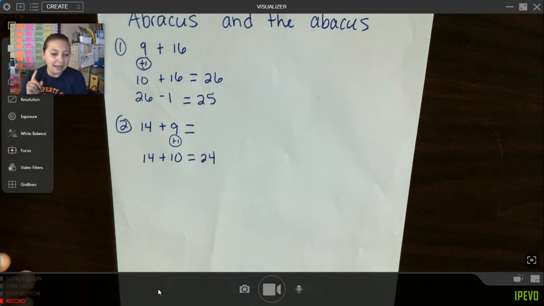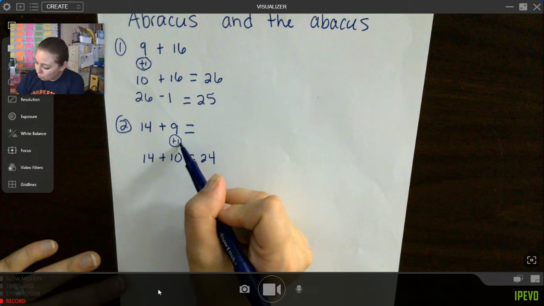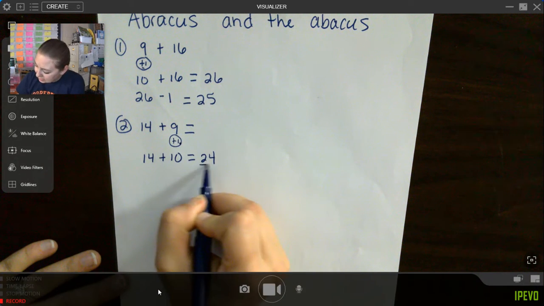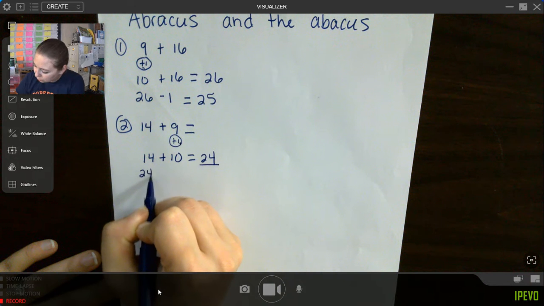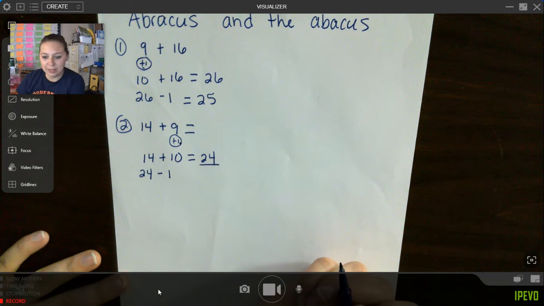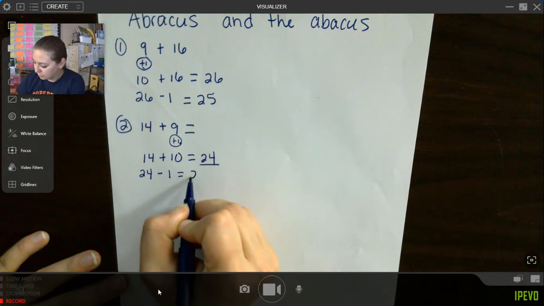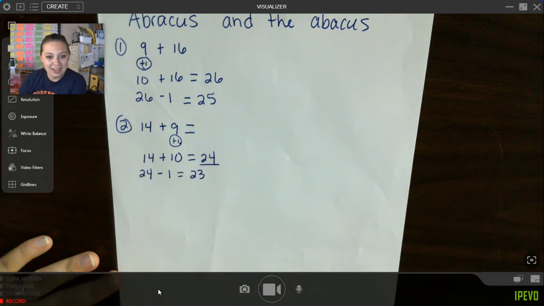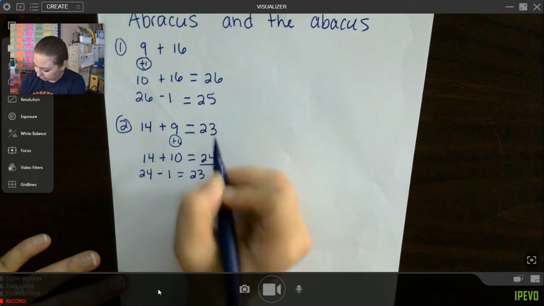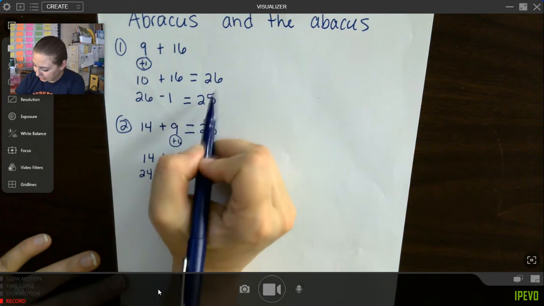But remember, I magically added 1 so that I could add it in my head, which means now I need to take my answer, 24, and magically subtract what I added earlier to get 23. So 14 plus 9 is 23.